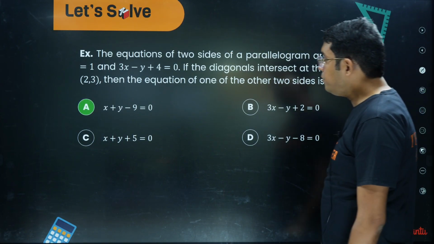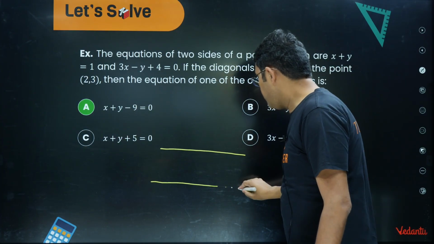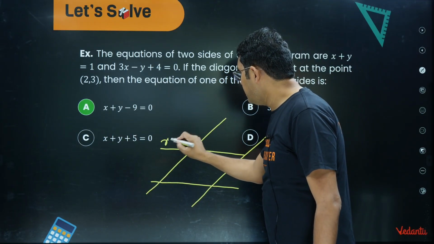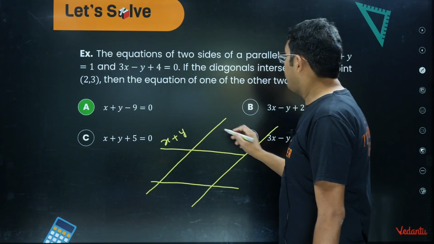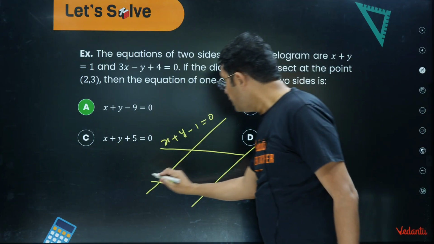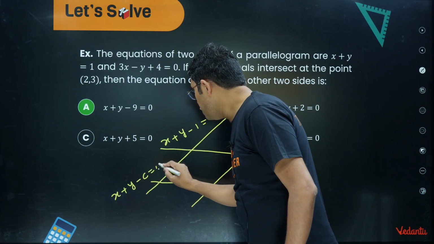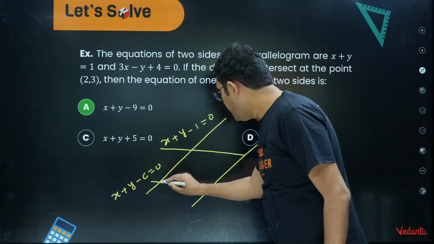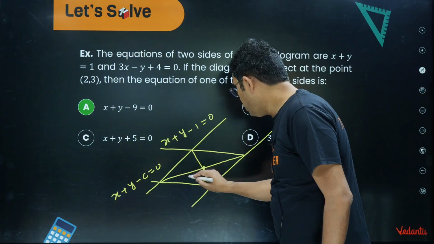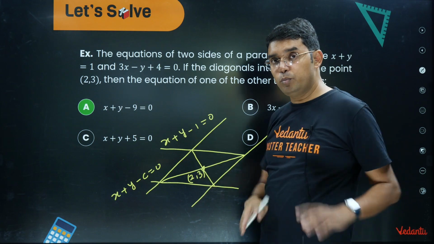Please see. In this question, we are given this parallelogram. Let's focus on this line parallel to x plus y minus 1 equal to 0. Because this line will be parallel to this, its equation can be taken as x plus y minus c equal to 0. Now, where the diagonals intersect, that is (2, 3), its distance from both the lines should be equal.